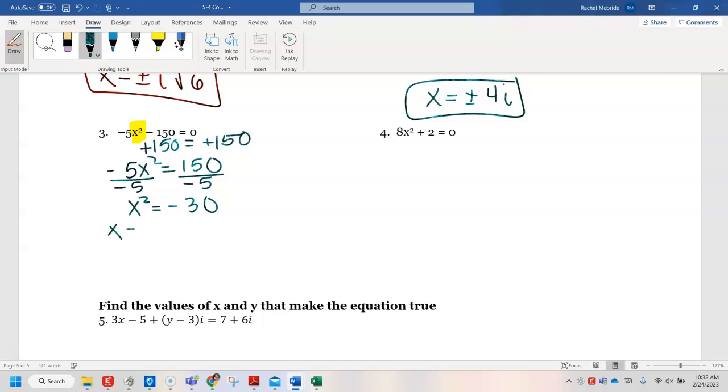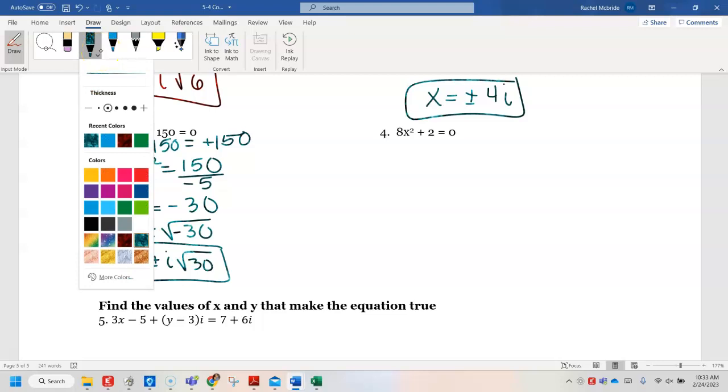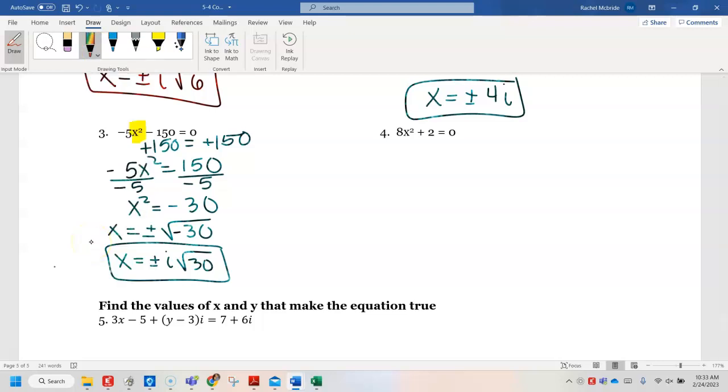Taking that square root, you get x equals plus or minus the square root of negative 30. So 30 is 3 and 10, so no perfect squares. 5 and 6, no perfect squares. 2 and 15, so 30 does not simplify inside, but we bring the negative outside as an i. x equals plus or minus i square root of 30. You must have the plus or minus in order to be correct.